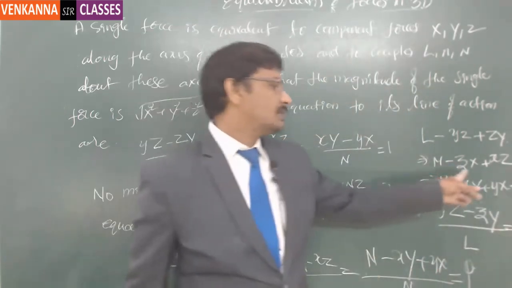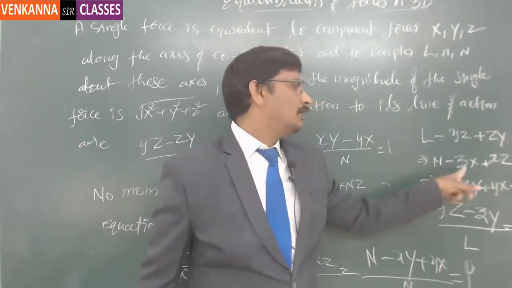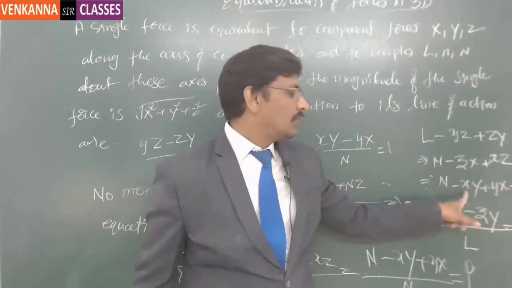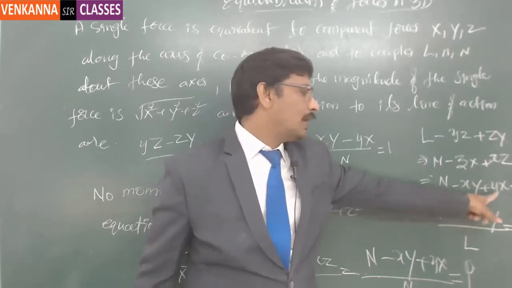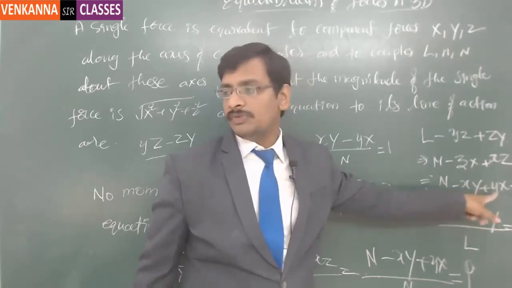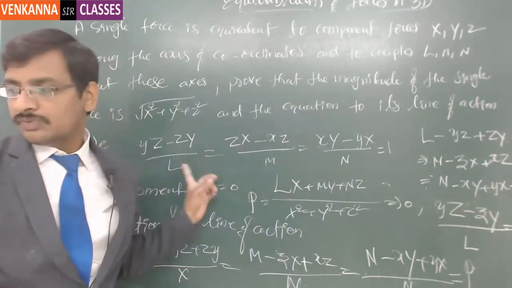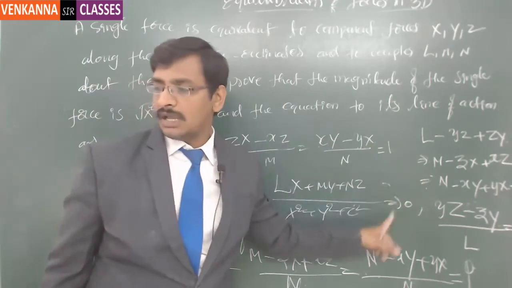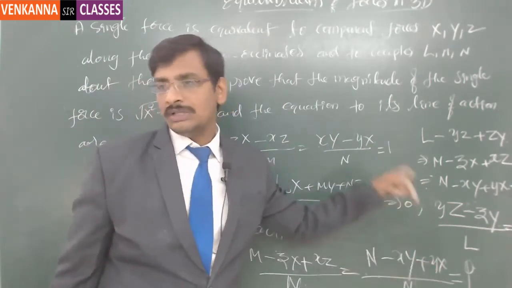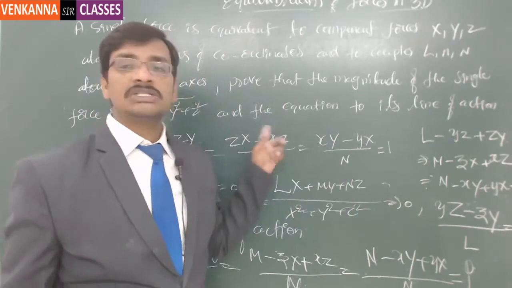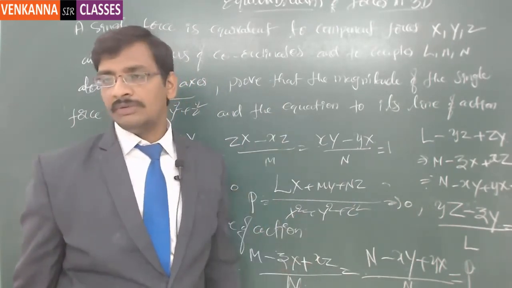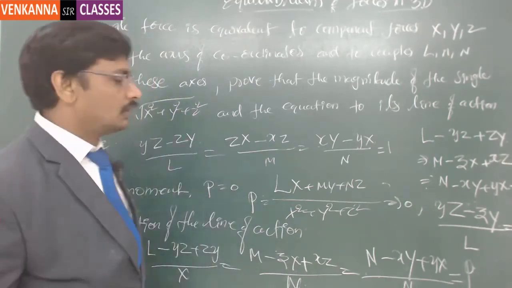Similarly, if you take the second equation to 0, then zX minus xZ divided by M is equal to 1. Similarly, this equation xY minus yX divided by N equal to 1. So the same equations will result as long as P equals 0, which is the condition for the system to have a single force without any moment. Got it? Understood or not?